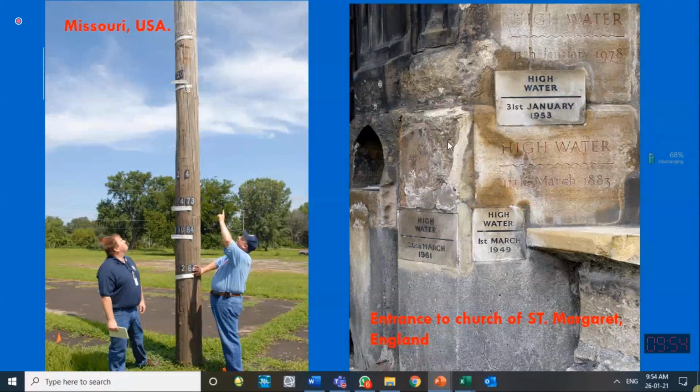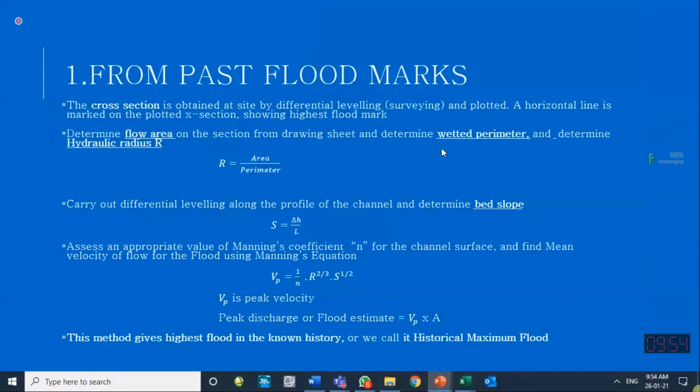Some people have marked the floods on important structures which are not prone to damage. For example, the right-hand side figure is the entrance of a church in England, and they are keeping a permanent record of the floods in that area. Highest flood recorded in '78 up to this level. So these flood marks are quite important information.